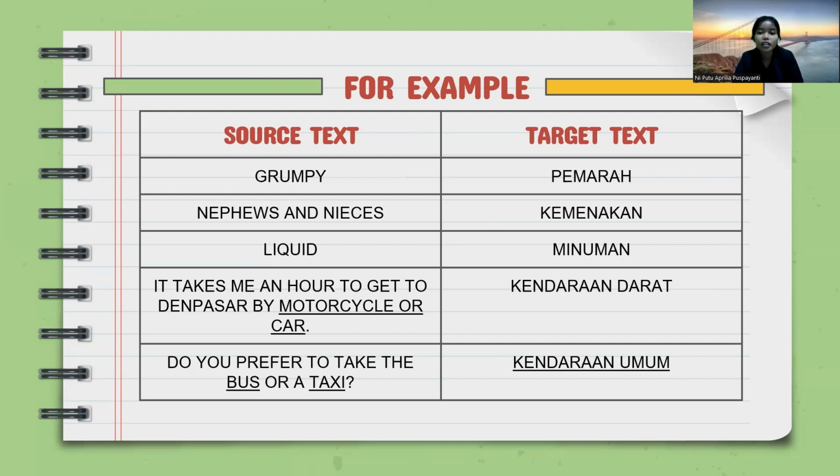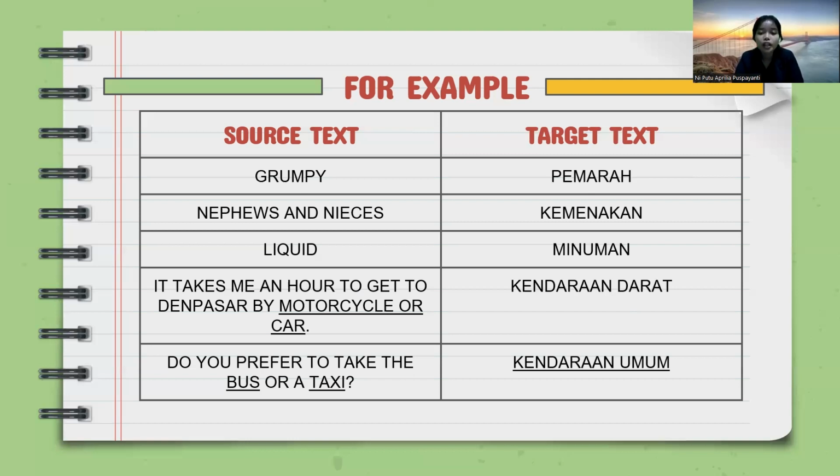There are no vehicle names at all, and only kendaraan darat. Now, the example shows that the generalization technique changes something specific into a more general form. We can see that there are similarities between motorcycle and car.